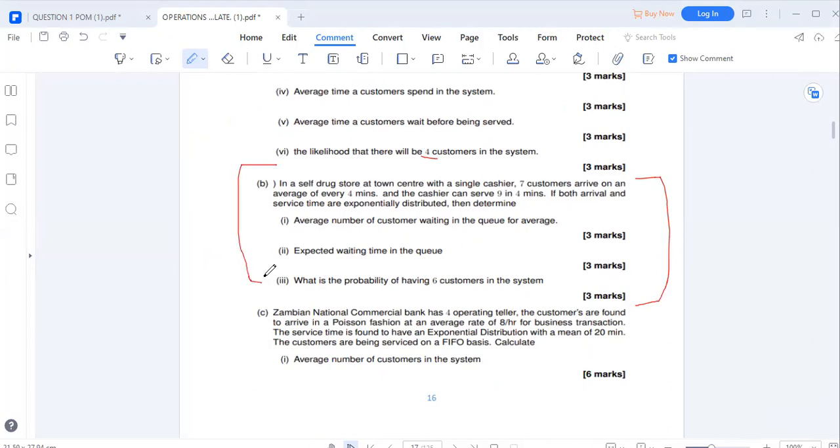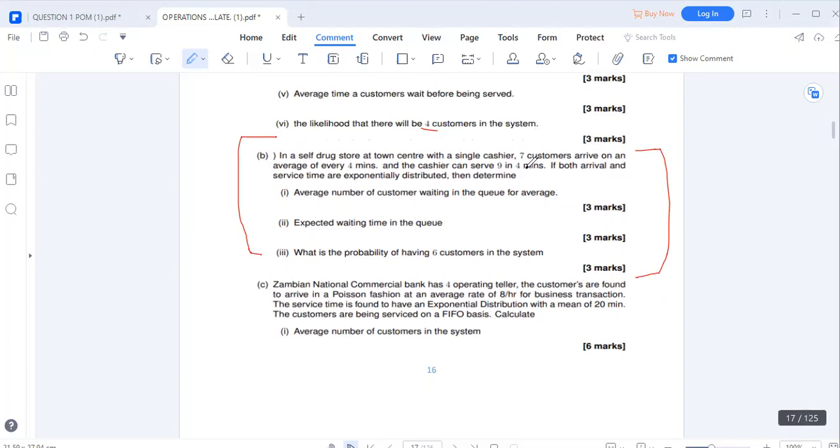So we have even this other question 2, where we need to make sure that we sort out the rates. Customers arrive on average 7 in every 4 minutes. How many will arrive in 60 minutes? So 4x is equal to 60 times 7, then divide by 4.